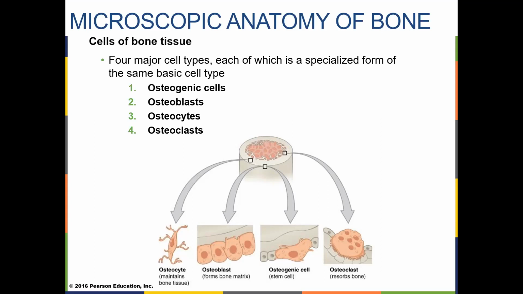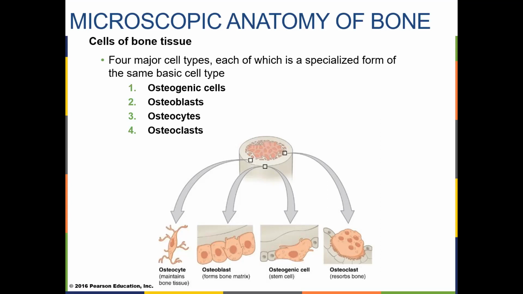The same thing holds true here in bone. Our stem cells are the osteogenic cells. Now, genic refers to creation, and osteo is bone, so osteogenic cells are the creation of bone cells. So that's the stem cell.